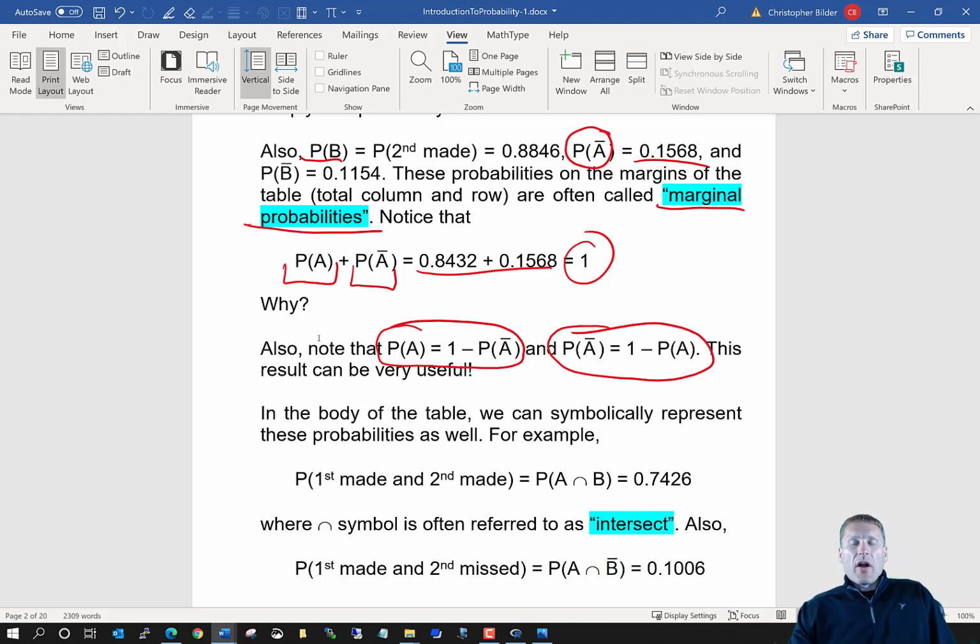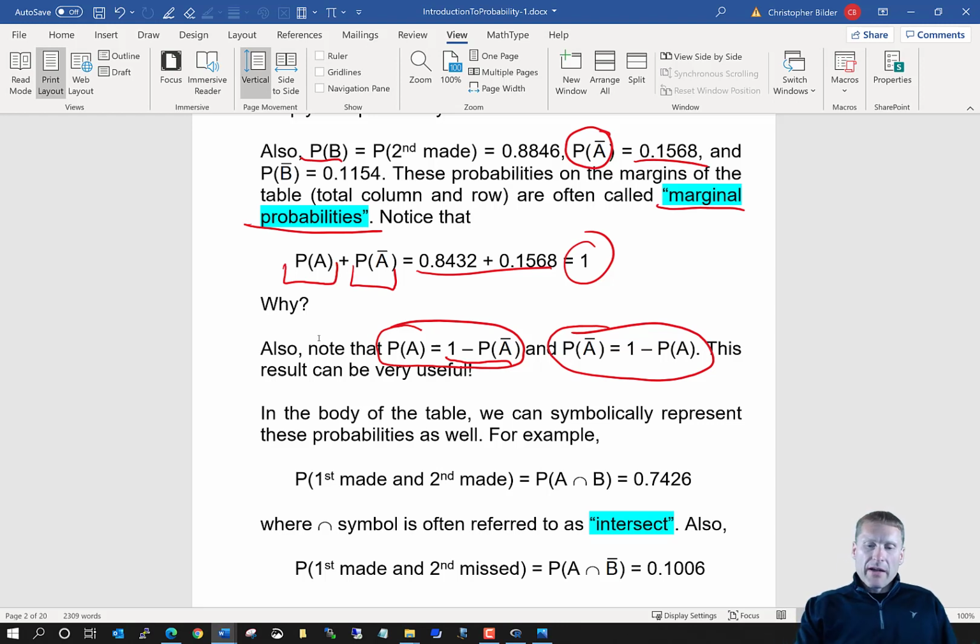The probability of A plus the probability of A bar is equal to 1. Well, if we do a little bit of algebra, we can rewrite this as the probability of A is equal to 1 minus the probability of A bar, or the probability of A bar is equal to 1 minus the probability of A. Again, you'll see how this comes in handy in a number of different places throughout our course.